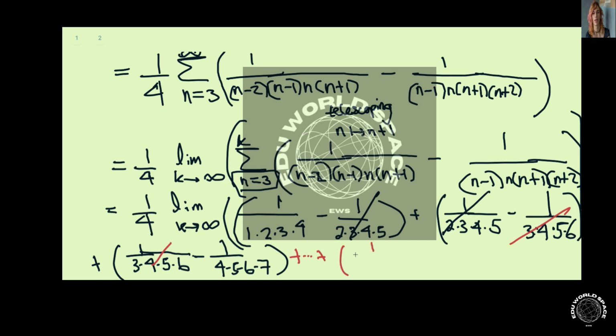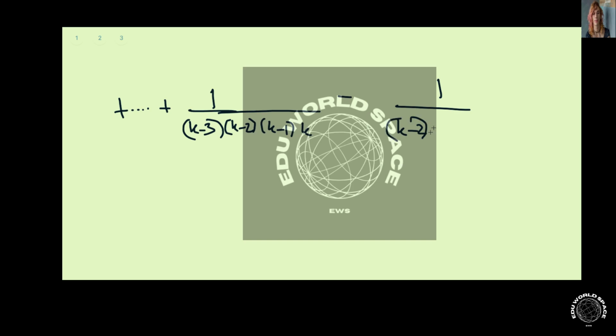And then we'll have, it looks like I'm getting a little low here on room. But when we get to the very end, here you may want to keep track of this. You could pause the screen, but I will have to include the last few parts of the sum on the next page. So going on to the next page, I will keep adding, and then I have 1 over k minus 3, k minus 2, k minus 1, k minus 1 over k minus 2, k minus 1, k plus 1.